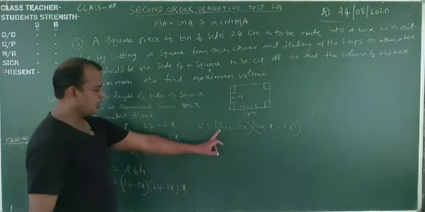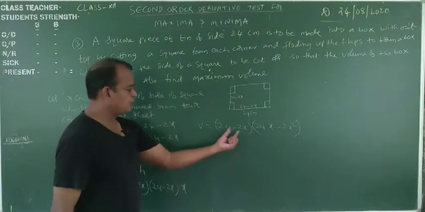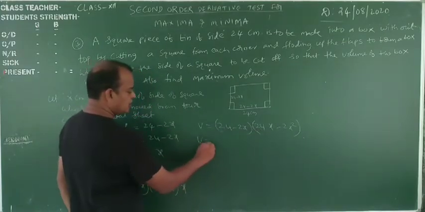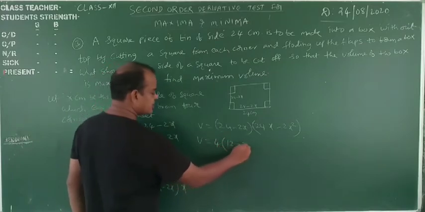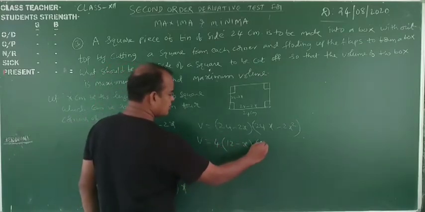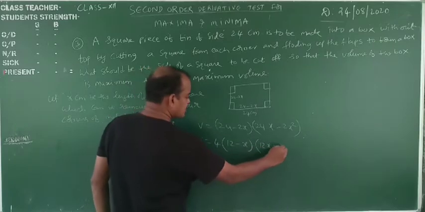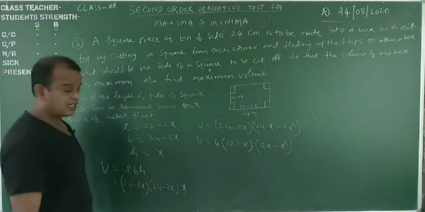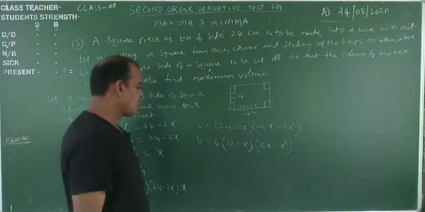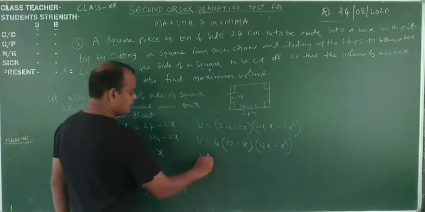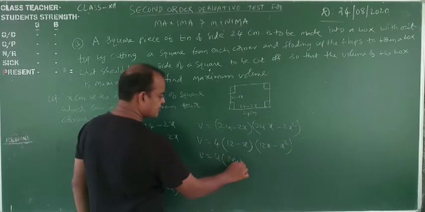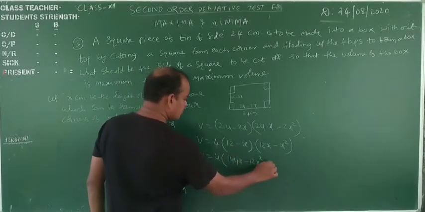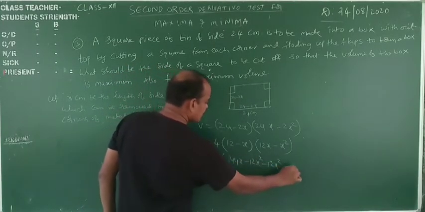Now we take 2 common here and 2 common here, 2 twos are 4. So 12 minus x, and 12x minus x square. Now multiply: V is equal to 4 into 144x minus 12x square minus 12x square plus x cube.